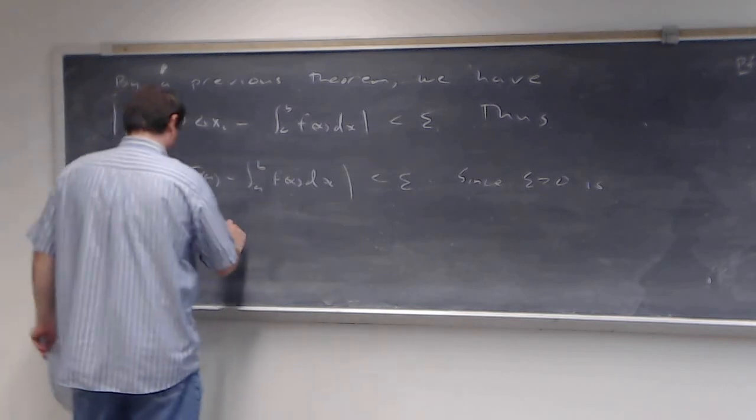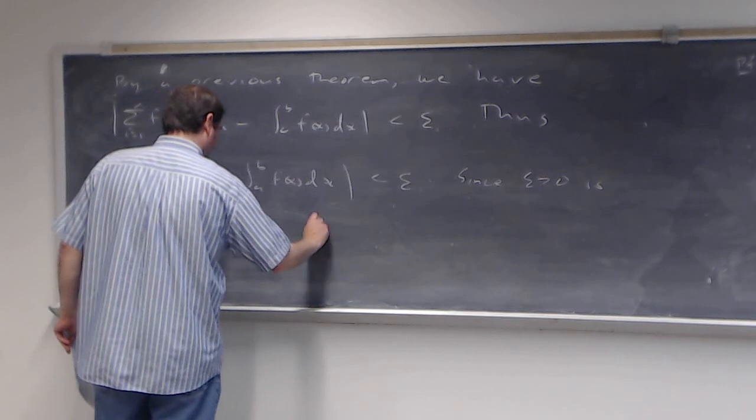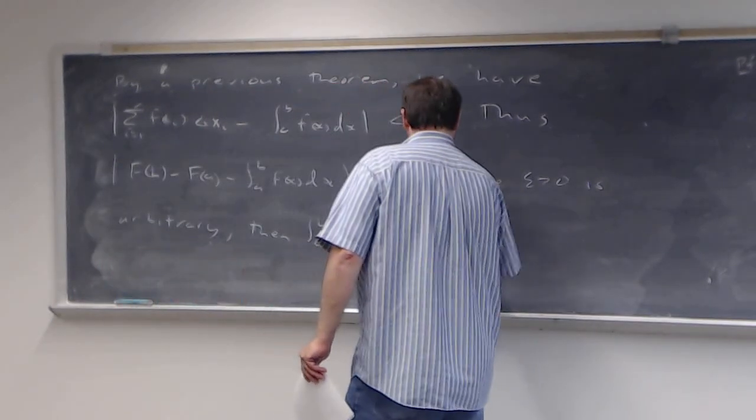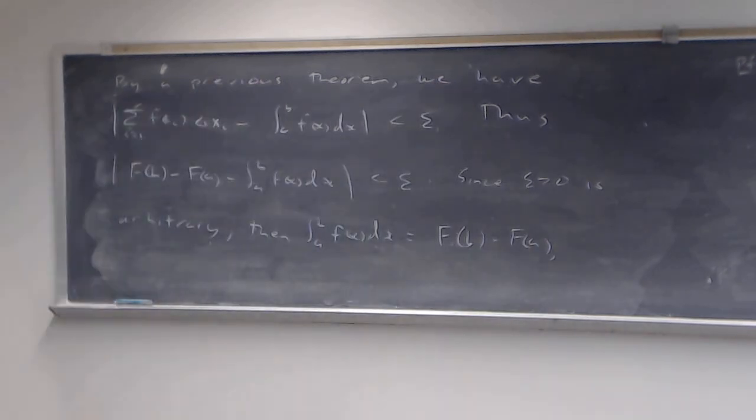And so that means this integral equals big F of b minus big F of a. Okay, that ends that proof.